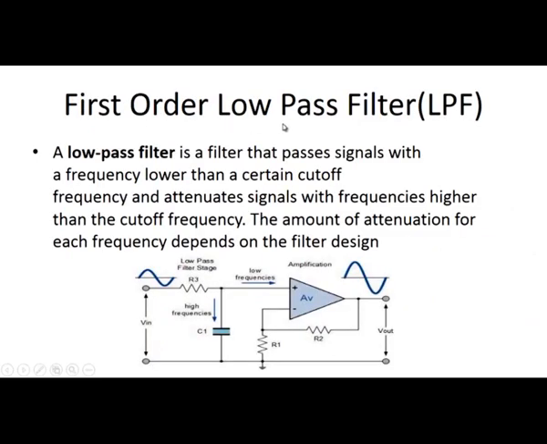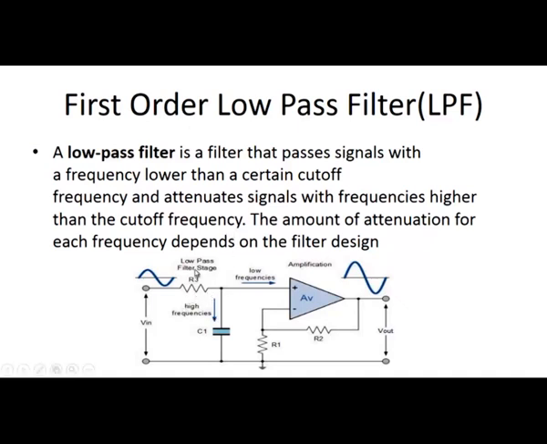First, we discuss the first order low pass filter. From the name itself, if it is mentioned as first order, then the passive components connected in the active filter have only one set.